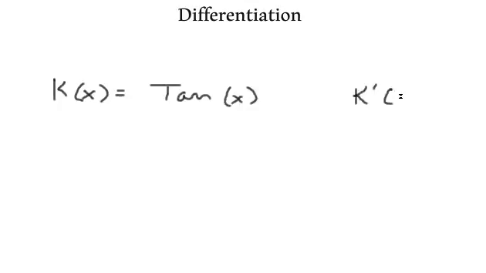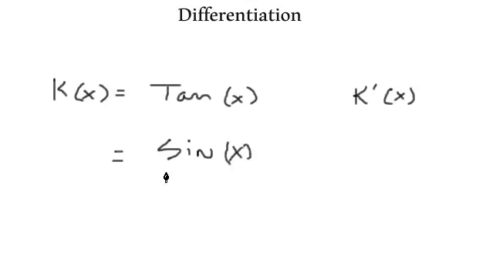What if we were given k of x is equal to tan x, and we want to find k prime of x? Well, if you don't have this memorized, then what you could do is you could turn this into sines and cosines. So we got to remember what tan x is equal to.